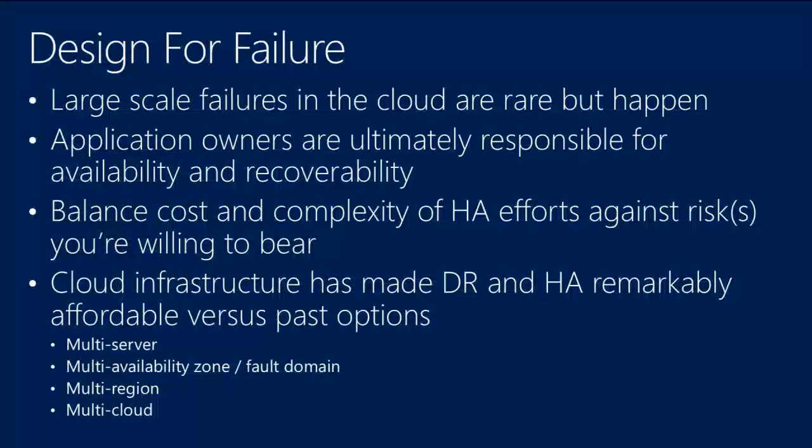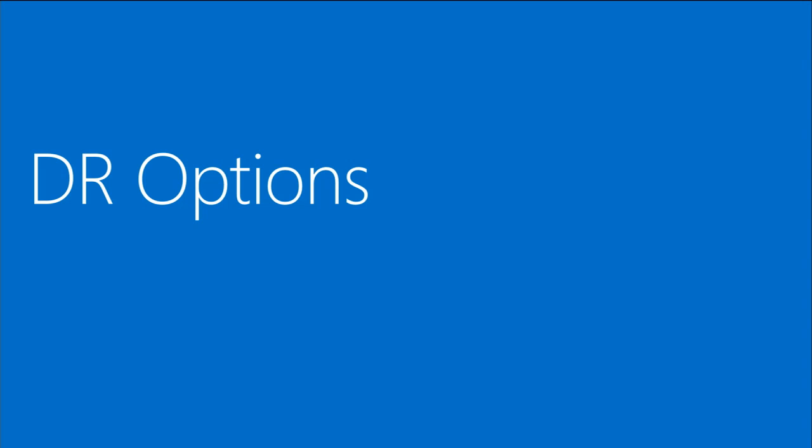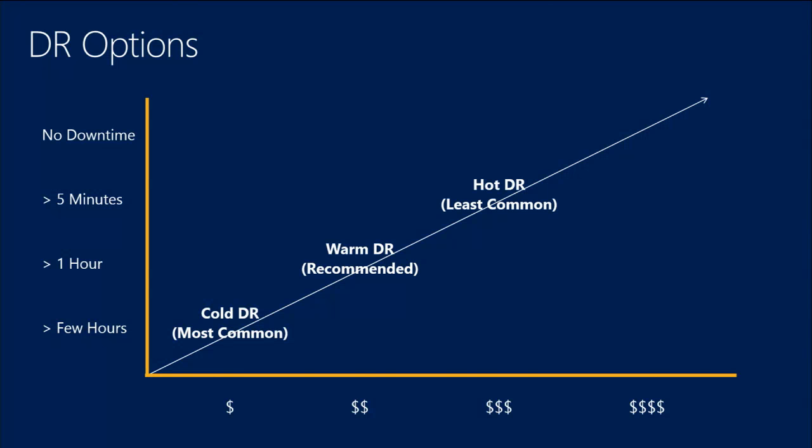Okay, so after that introduction, let's go to DR options. What are our DR options? We have several of them: cold disaster recovery, warm, hot, and high availability. Everybody knows this, right? The more I want, the more I pay.